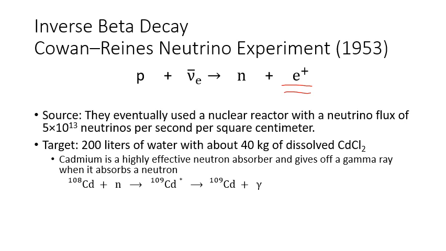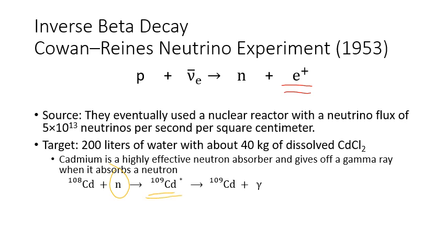But Cohen said, well, if we detect some gamma rays, that doesn't really prove that it's inverse beta decay that's going on. So what they suggested was, why not put in some cadmium as well? Because if cadmium meets a free neutron, it will absorb it and make cadmium 109.